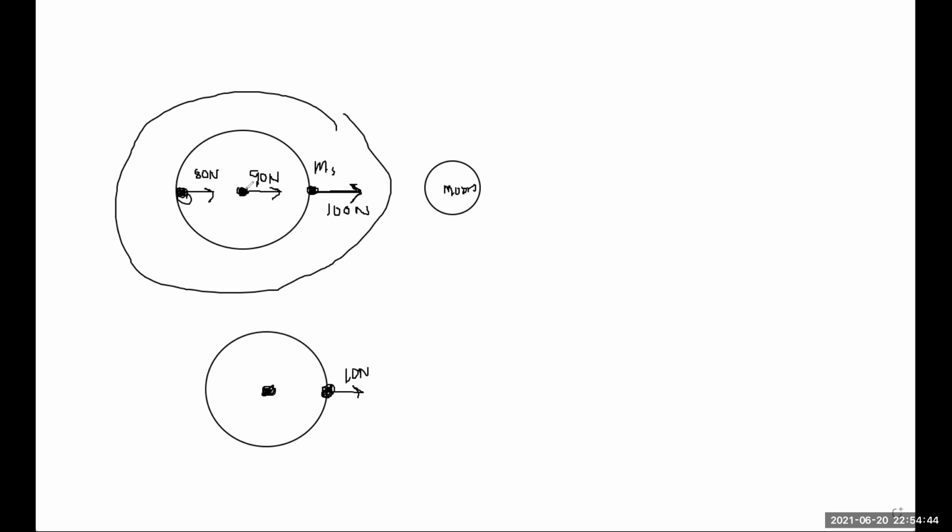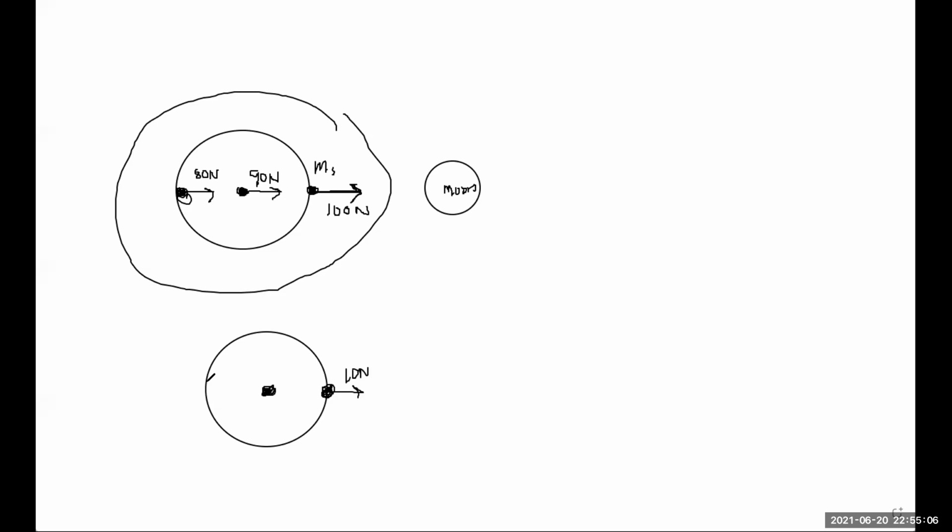I'm making the center the reference point. I'm saying if that mass were to be at the center, let's assume that force is 0. If that mass is on the right side, closer to the moon, you would have the effect of feeling an extra 10 newton force to the right.